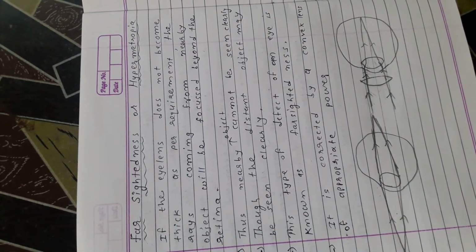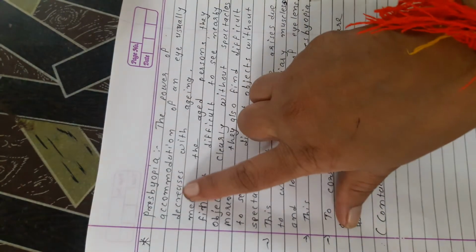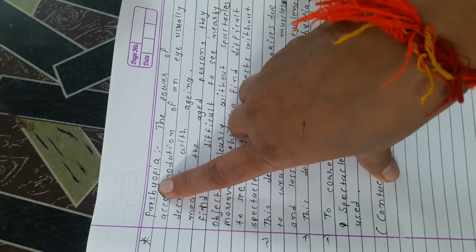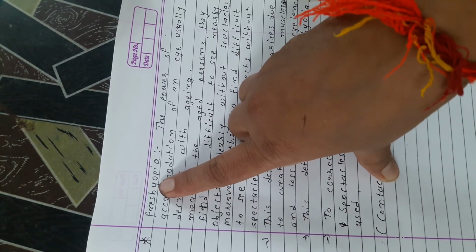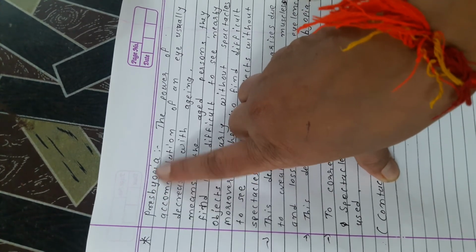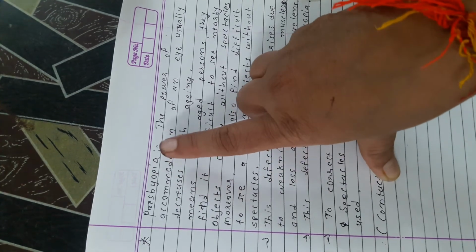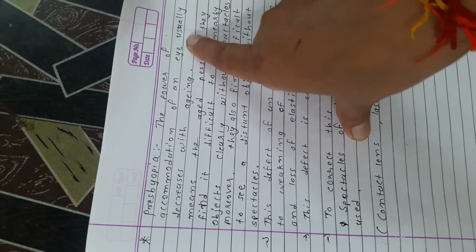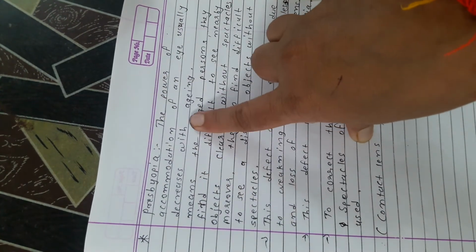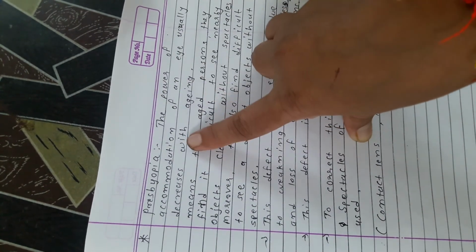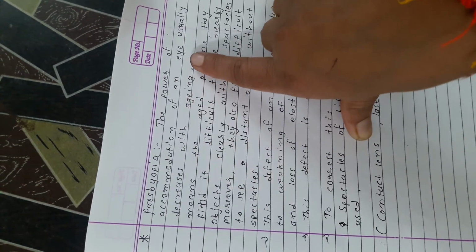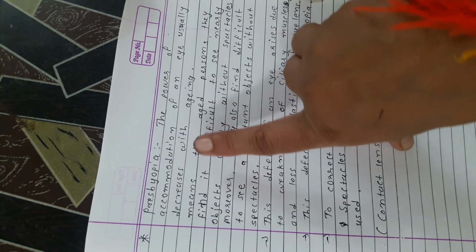Now next, defect of vision, that is presbyopia, means the power of accommodation of an eye usually decreases with aging. Means as our age increases, the power of accommodation of eye decreases.